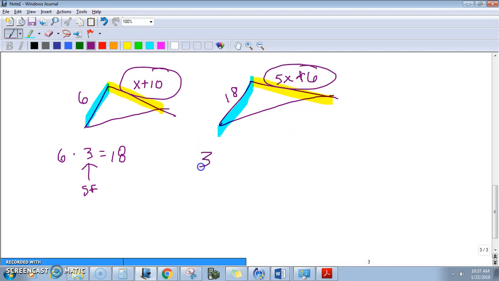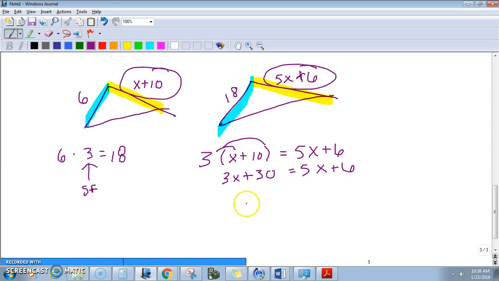If I take 3 and multiply it by x plus 10, it's going to be equal to 5x plus 6. So now we can just solve for x. We need to distribute this 3. So 3x plus 30 equals 5x plus 6.